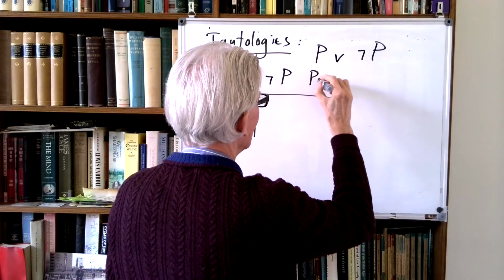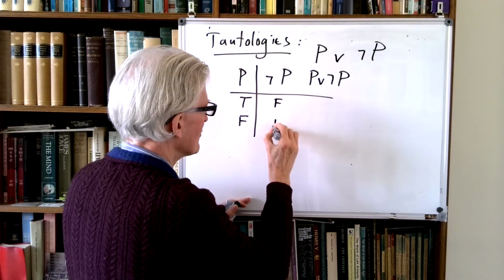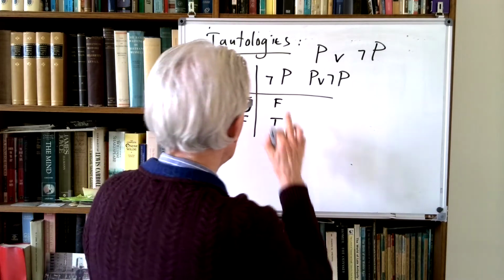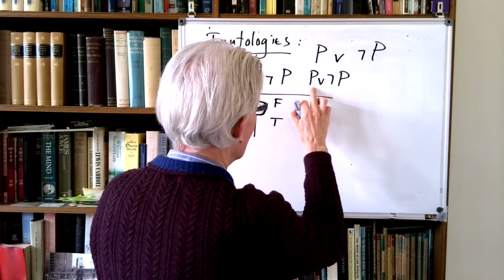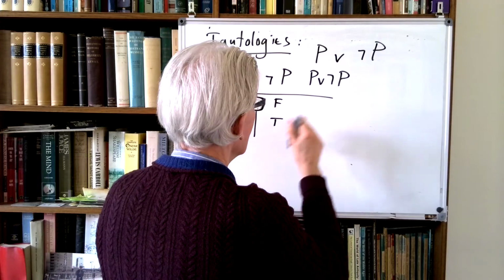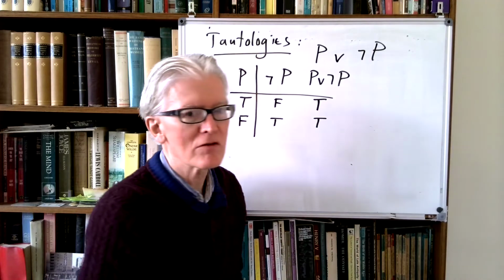And here we have P or not P. If P is true, this is false, and this is true here. And now I've got P or not P, so either this or this. So this comes out true, and this here comes out true.